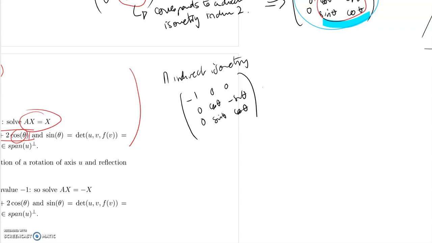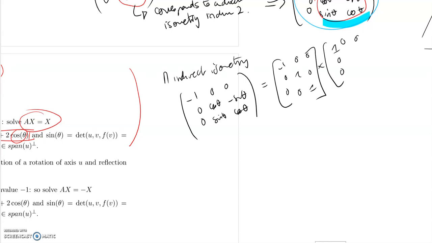Actually, we're going to express that as this matrix, -1, 0, 0, 0, 1, 0, 0, 1. You know what that is. Times 1, 0, 0, 0, 0, cos theta, minus sine of theta, sine theta, cos theta. Okay, to get this -1 sign, I multiply it by this here, and then the rest is the identity.